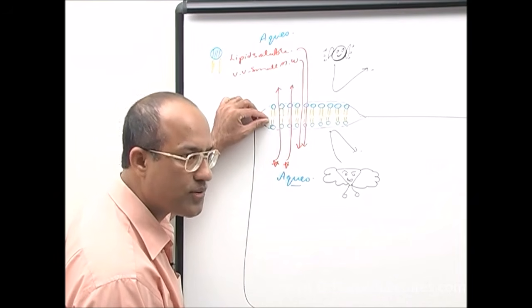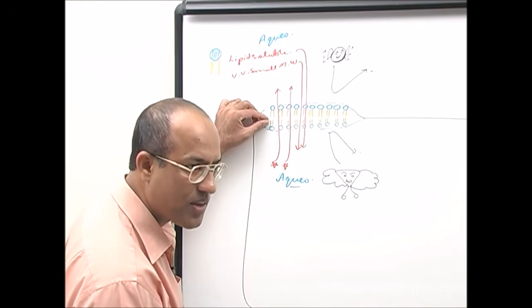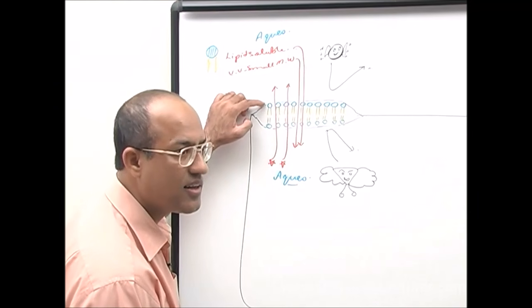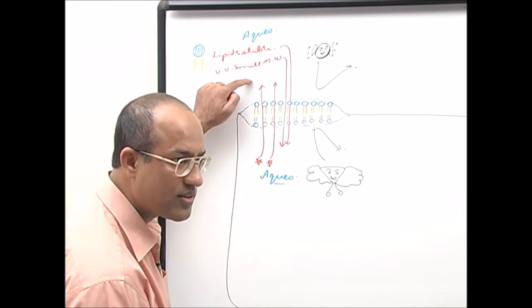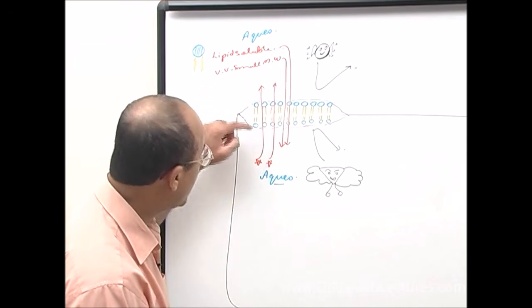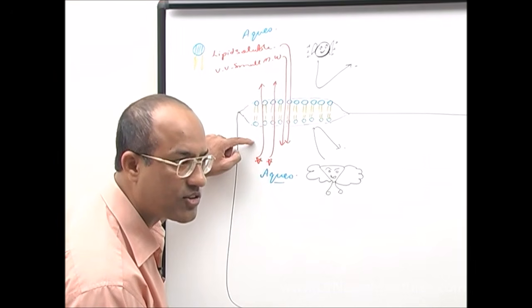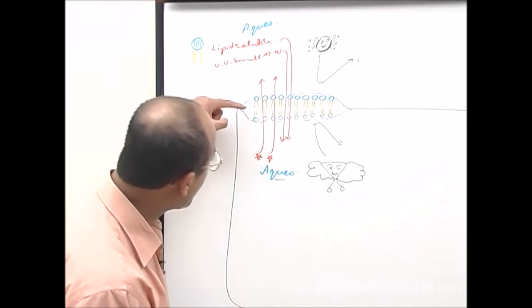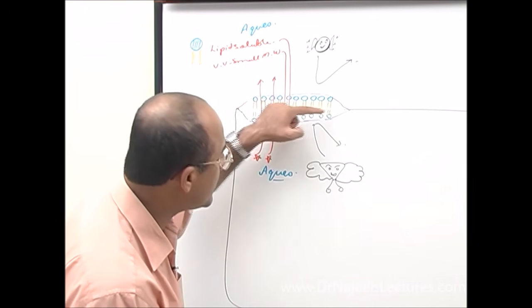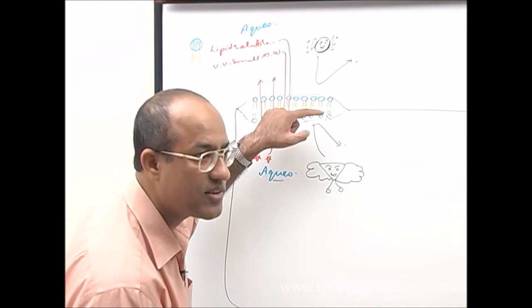The hydrophobic tails of the fatty acids are oriented towards each other, and the polar heads of the molecule are either outside towards the extracellular aqueous environment or inside towards the intracellular aqueous environment. So the core of the cell membrane is made primarily of lipids, right?